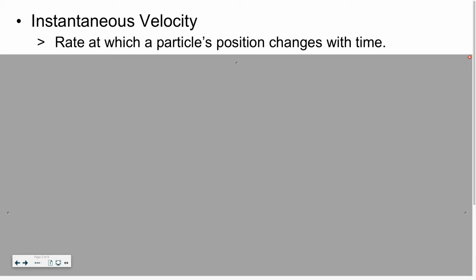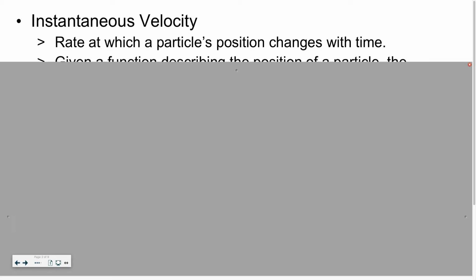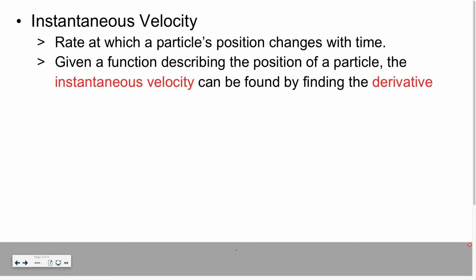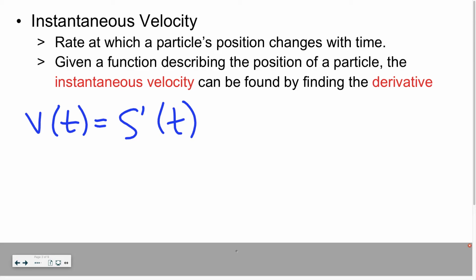So when we talk about instantaneous velocity, we're talking about the rate at which a particle's position changes with time. So ds/dt can be how we describe that, change in s over change in time. So we are going to say that our velocity is the derivative of position.